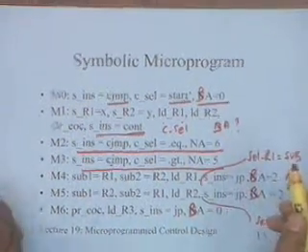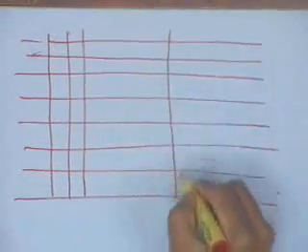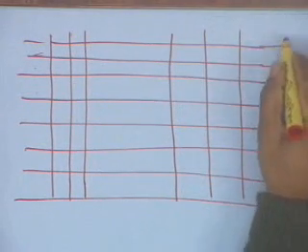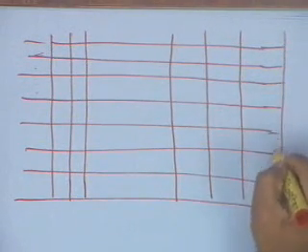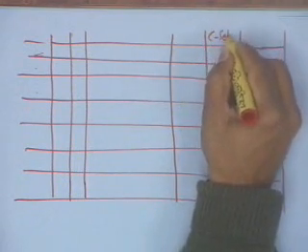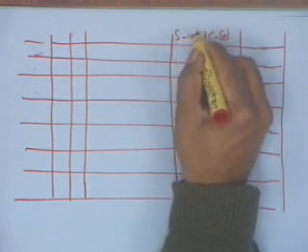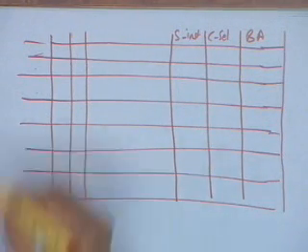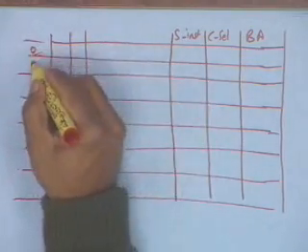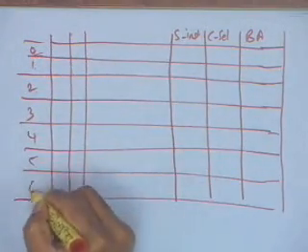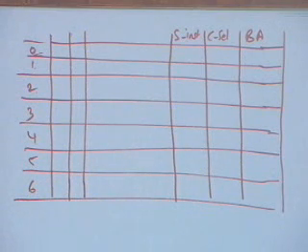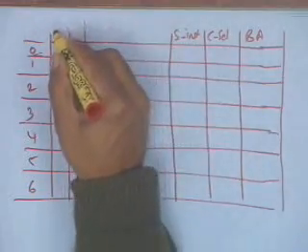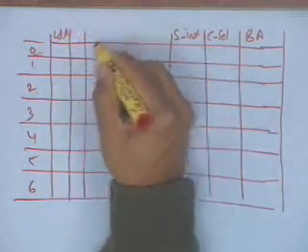I have fields for this: condition select, sequencer instruction, and branch address. This is my address 0, 1, 2, 3, 4, 6. Similarly, I have fields over here for all the loads, load R1, R2, and so on, and select.